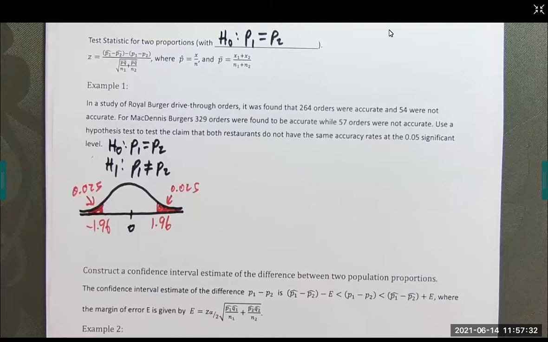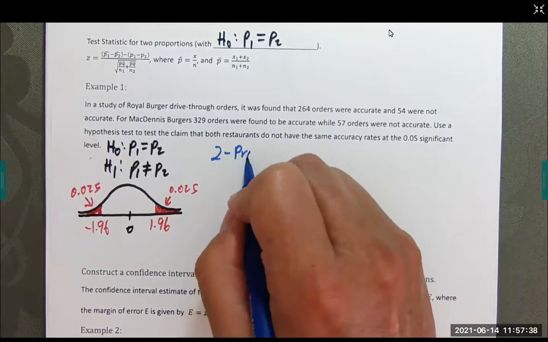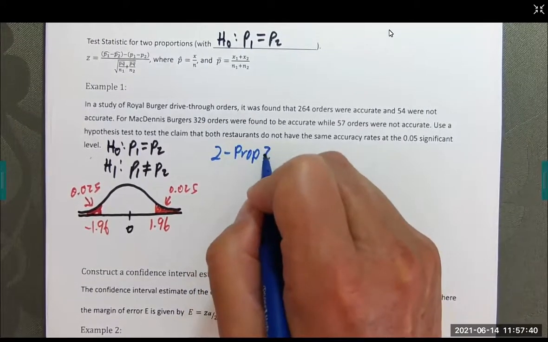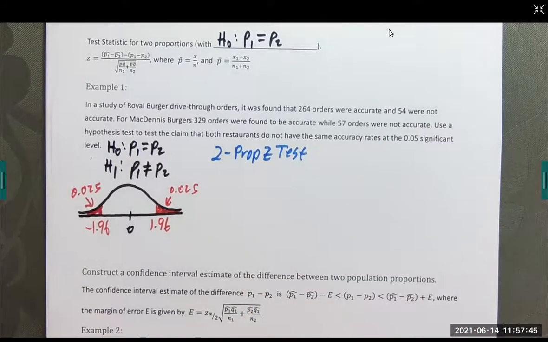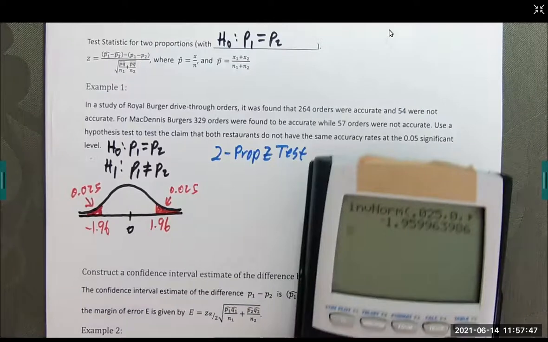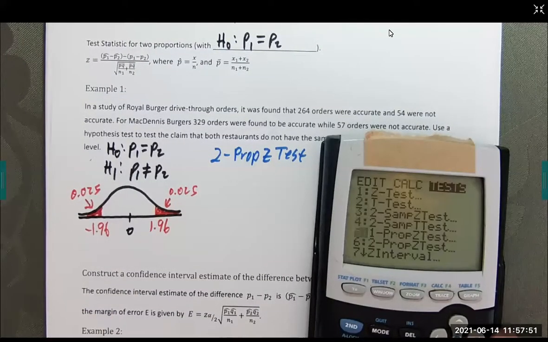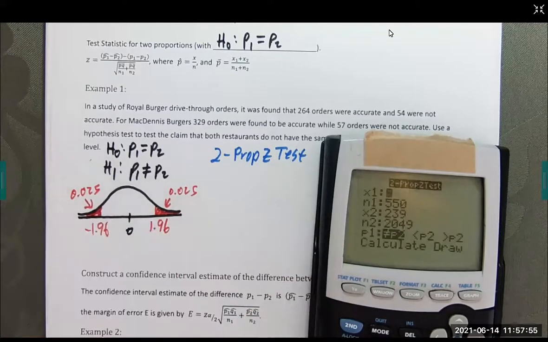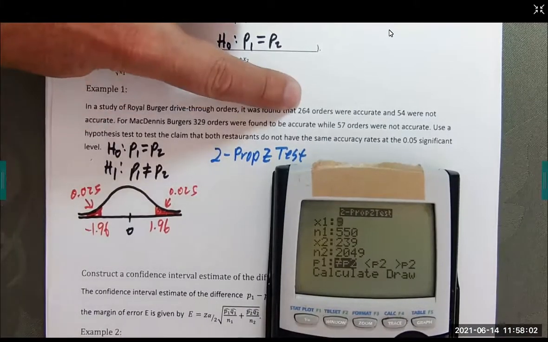So for this one, to do our test statistic, we are going to run a two proportion z-test. So stat test, two proportion z-test right here. And x sub 1 is the numerator comparing the accuracy. So that's 264.